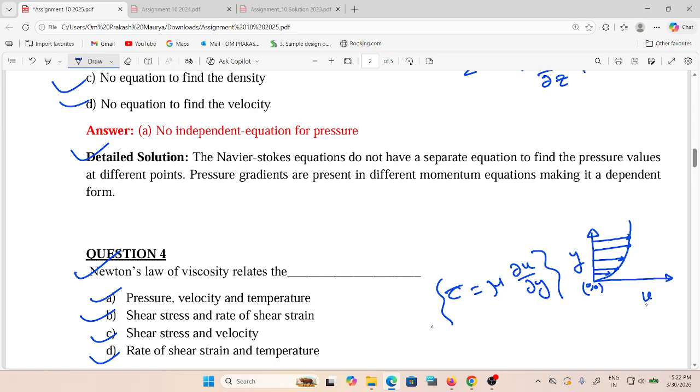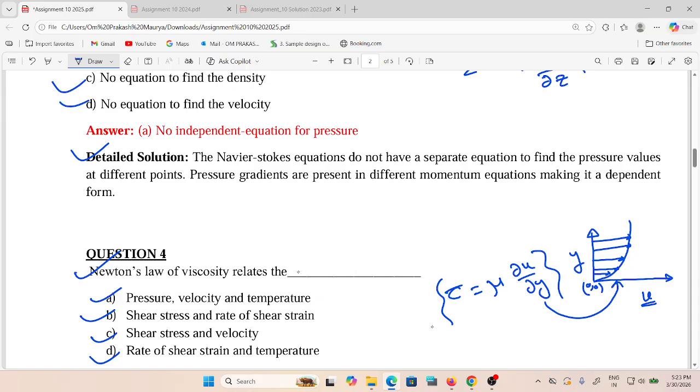On the horizontal axis it is velocity and on the vertical axis your depth. So as you are moving horizontally or vertically, your gradient is changing. Okay, this is your dynamic viscosity.